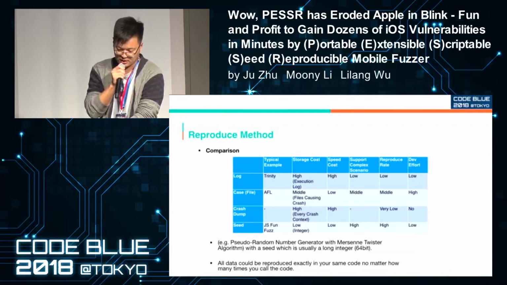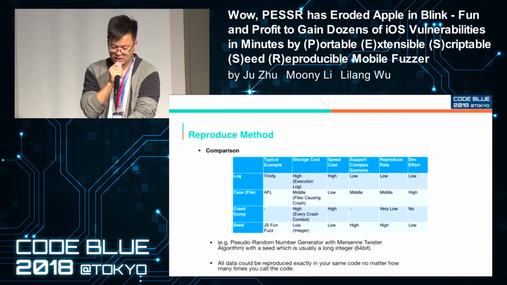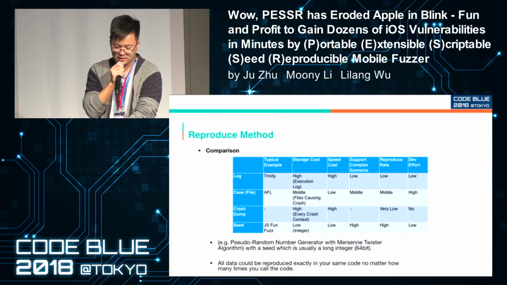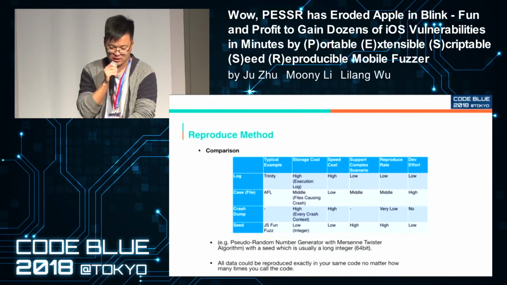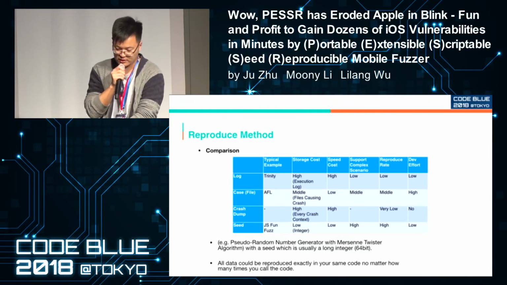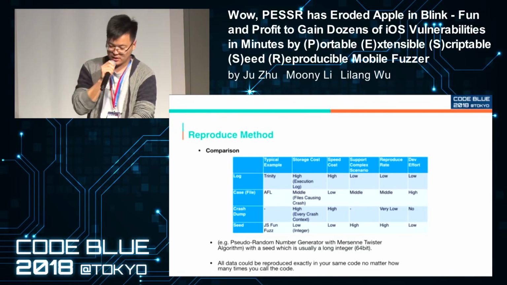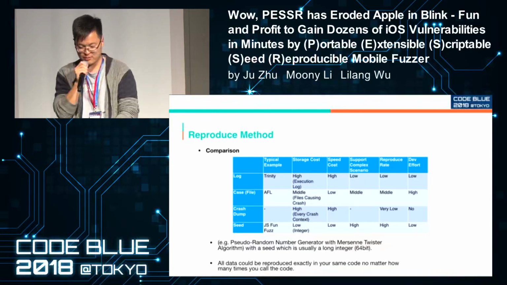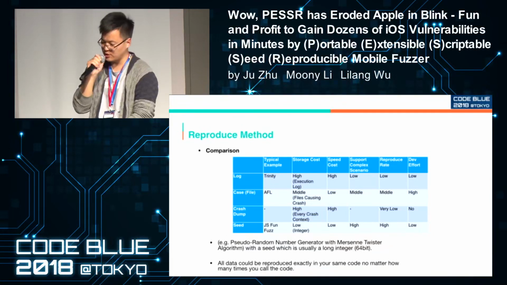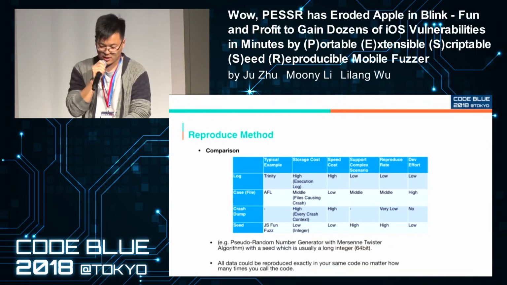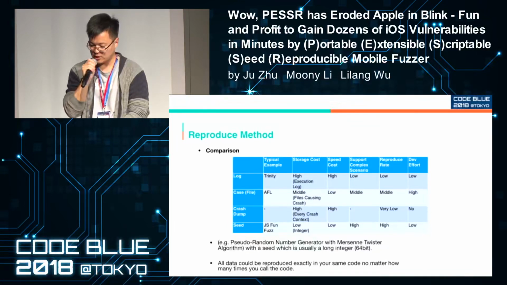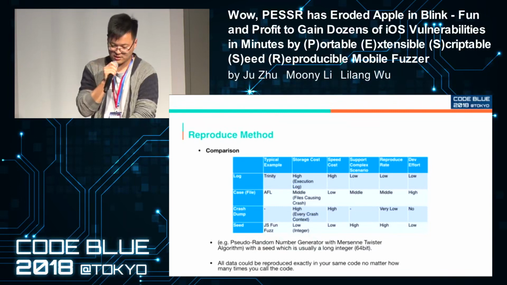So for each fuzz cycle, we can simply save those seeds on the server, and there is no need to save any intermediate status or data. After comparison, we can find that reproducing by seed costs less storage and the speed is fast. What's more, it only takes a little effort compared to other methods.